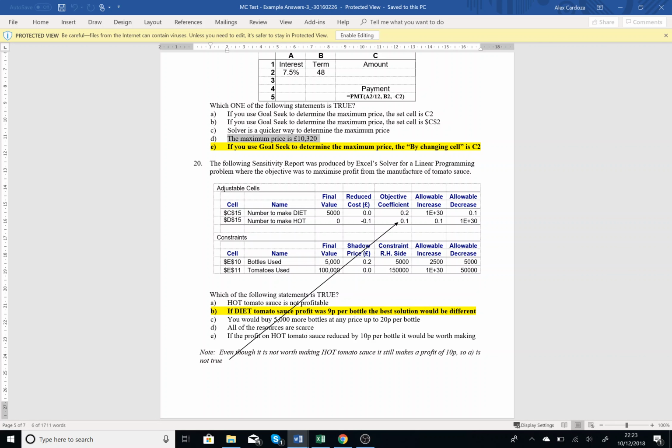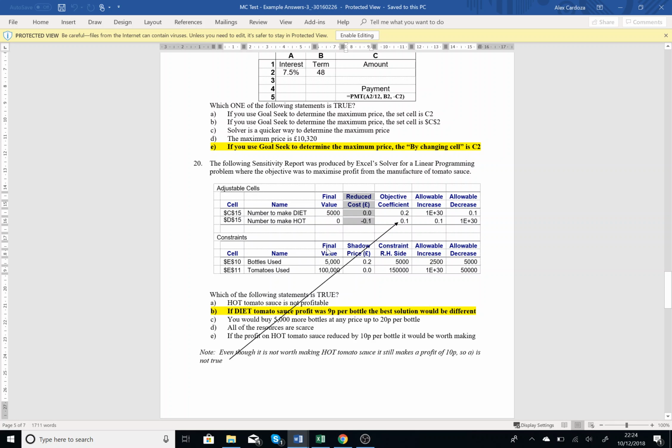We've done this a few times in previous tutorials. When they say the objective coefficient, this means what you're trying to maximize. This is your contribution. Your allowable increase is how much you can increase this by. Allowable decrease is how much you can decrease this by. Your final value is how much you're making of something. And the reduced cost is how much you can go down by.